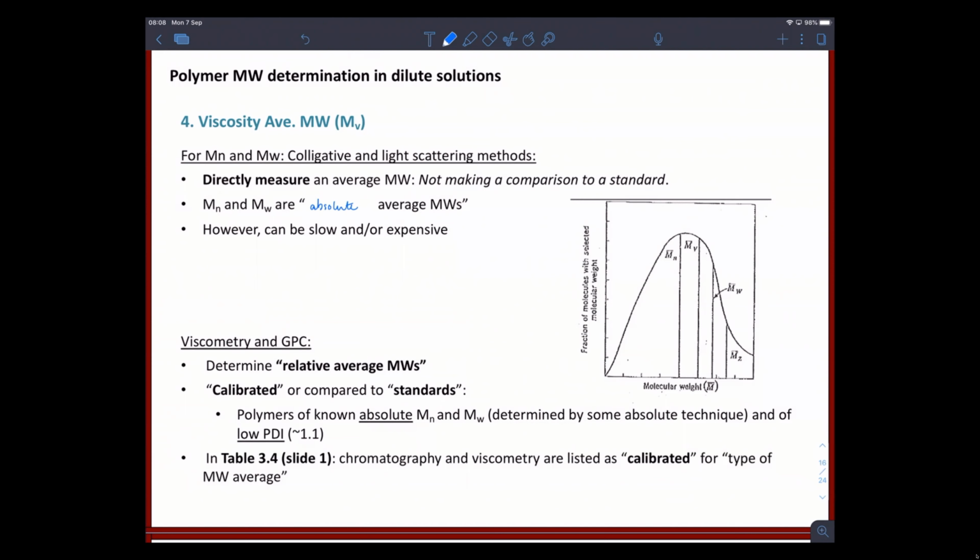However, they can be slow and expensive. We've already talked about this: the number average molecular weight being measured by membrane osmometry. If we're doing it by a static method, it's going to take a lot longer than a dynamic method, but I bet it costs a lot more money for a dynamic instrument rather than a static one. So it's slow, and to upgrade that will cost some money. Viscometry and gel permeation chromatography are important for measuring the viscosity average molecular weight.